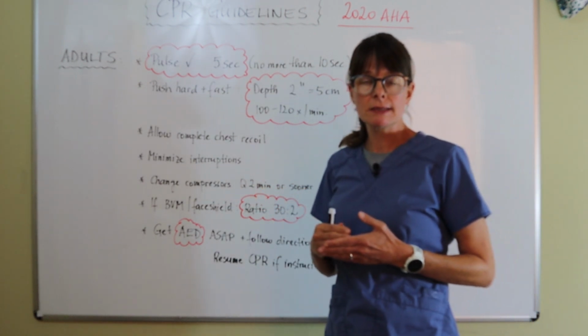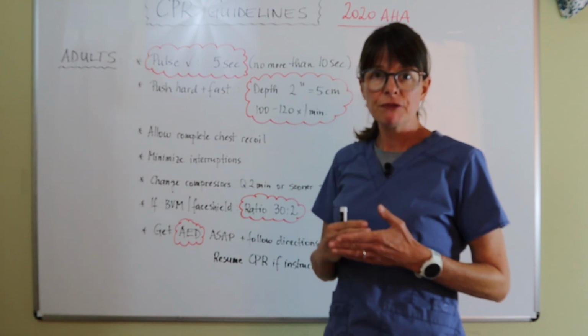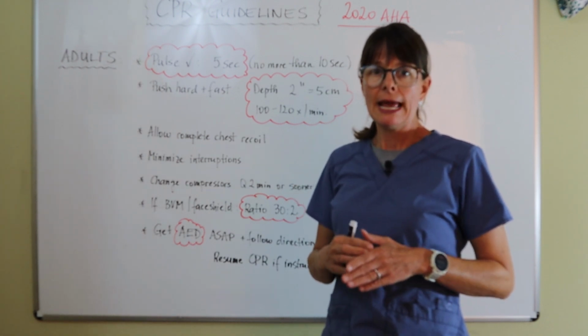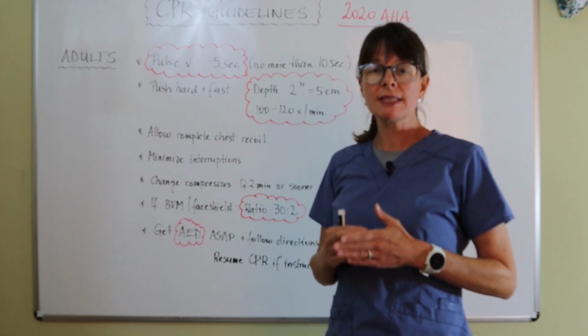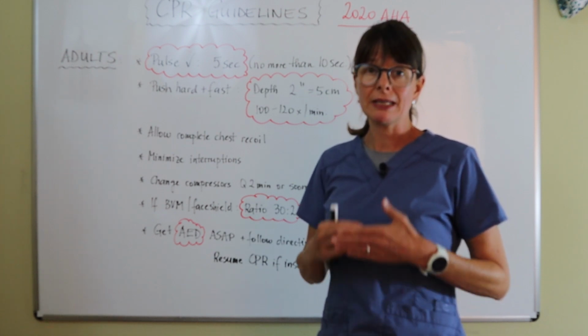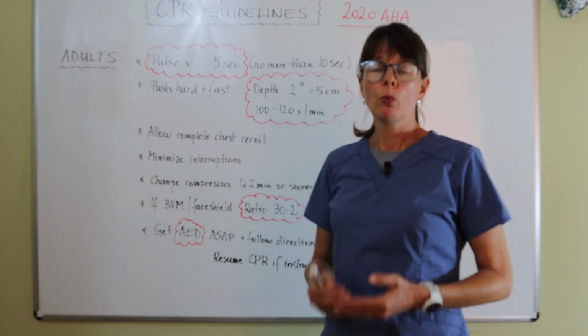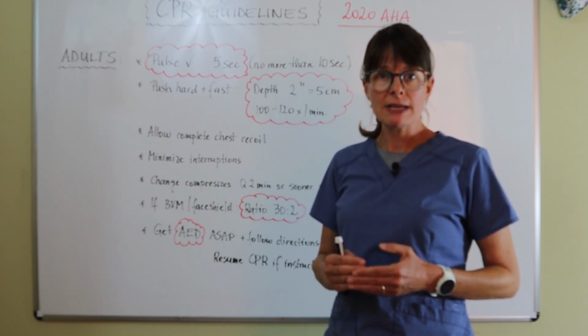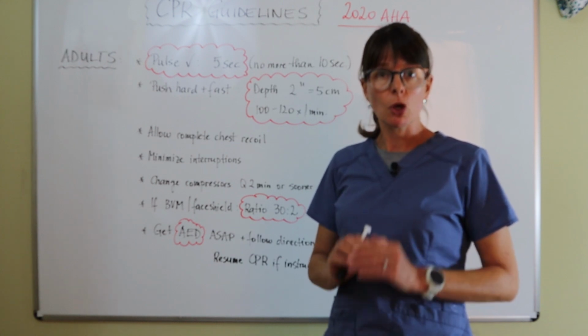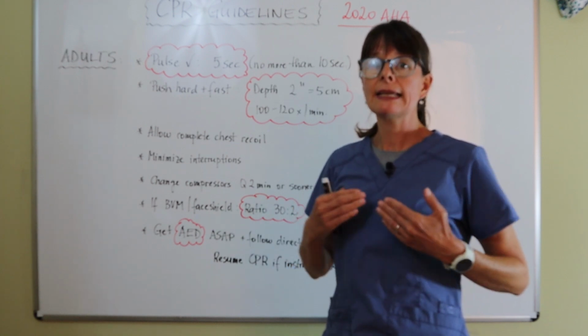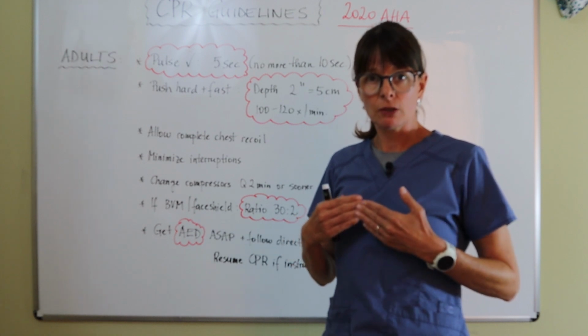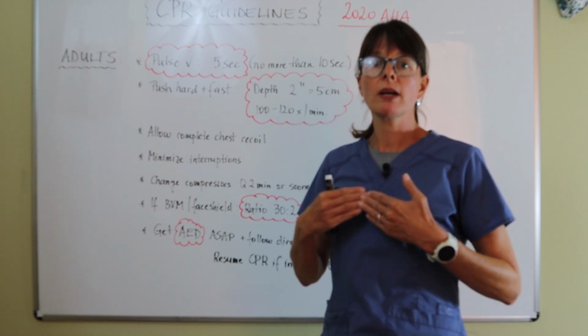So 2 minutes should be a few cycles of CPR. And after 2 minutes, if you're doing CPR right, you are going to break a sweat. And in order to give the patient the best possible outcome, we need to make sure that we minimize the interruptions and that the compressor is not fatigued and can actually provide the correct depth and rate, as well as allow for that recoil.